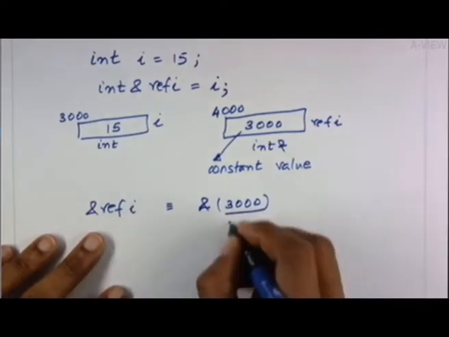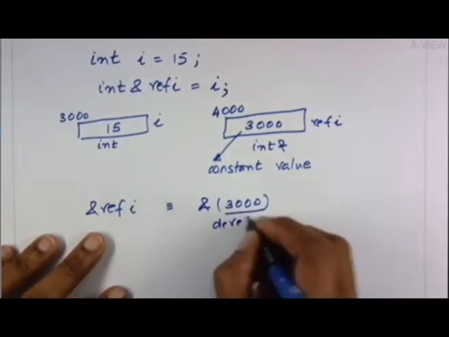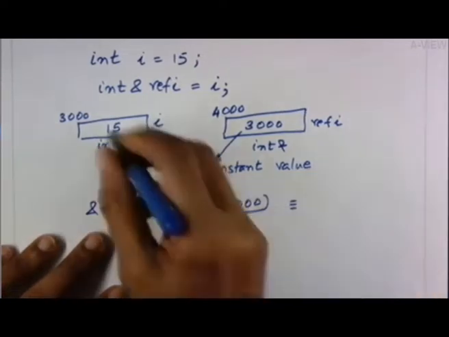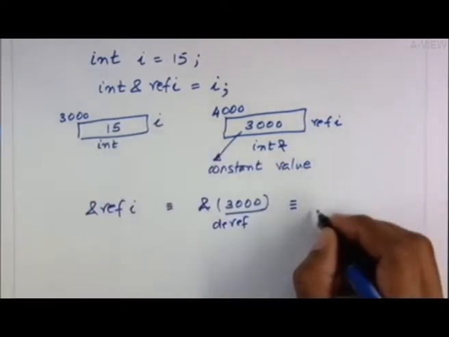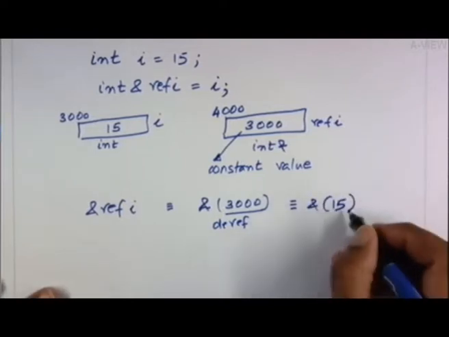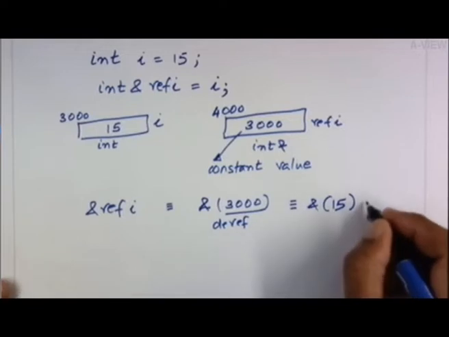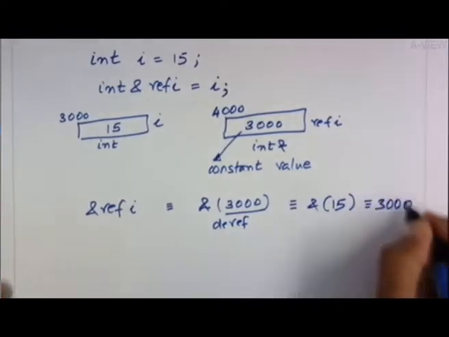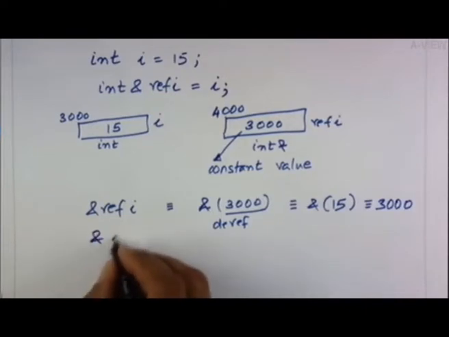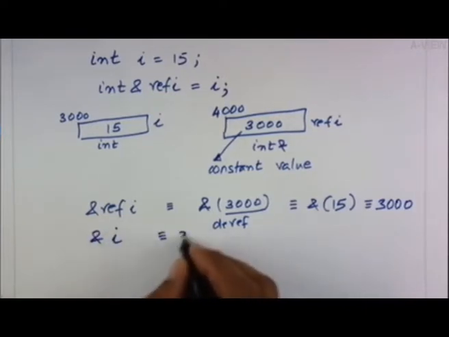But this fellow will immediately dereference, which will say, no, no, you can't look at 3000, that's not your business. So please go to the object. Sorry, so it will turn out to ampersand of 15. Where is 15 stored? Which is 3000. So whether you do ampersand of I or you do ref I, the answer is the same.